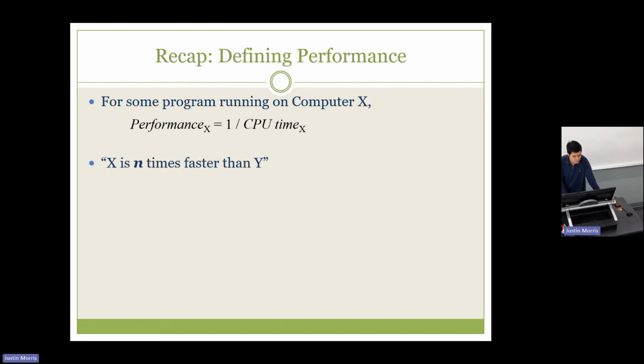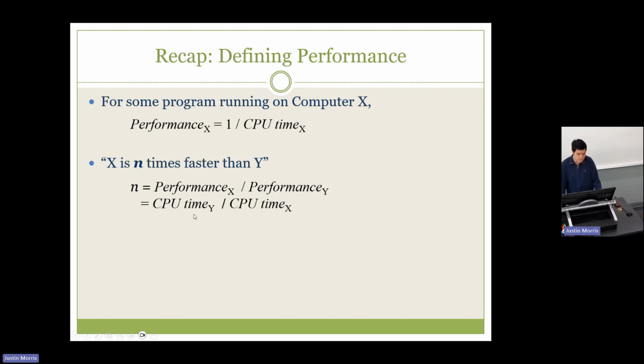And then if we want to compare two different processors, we're going to take the ratio of the performances, or you can equivalently take the ratio of their CPU times. And then our CPU time equation for now is the number of clock cycles times the cycle time.